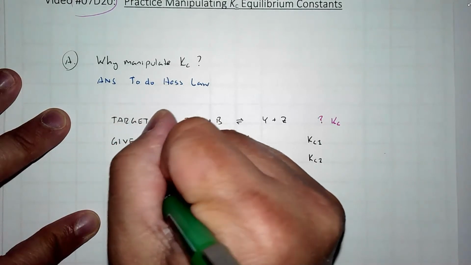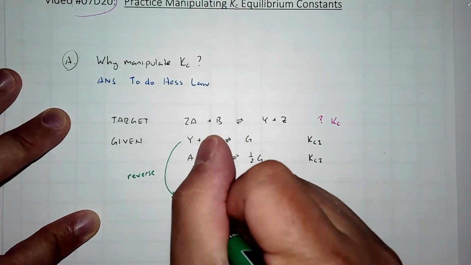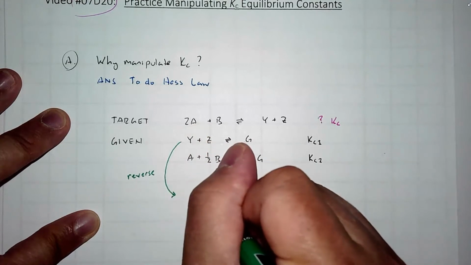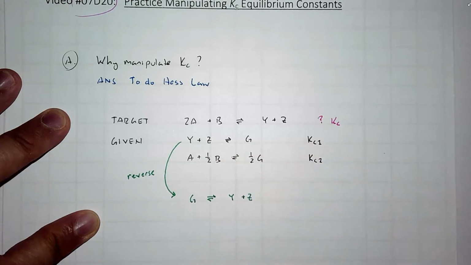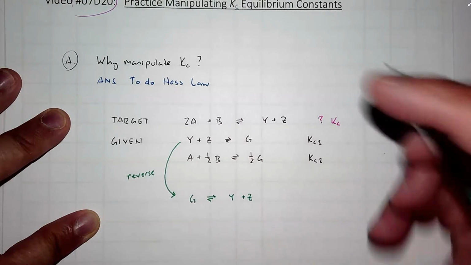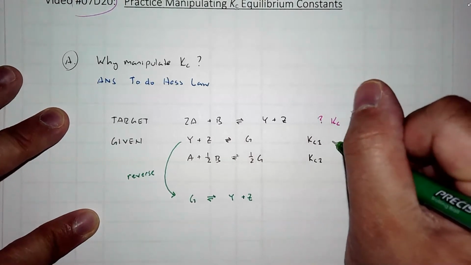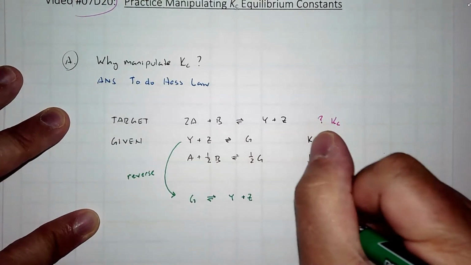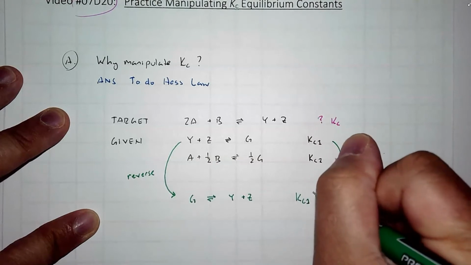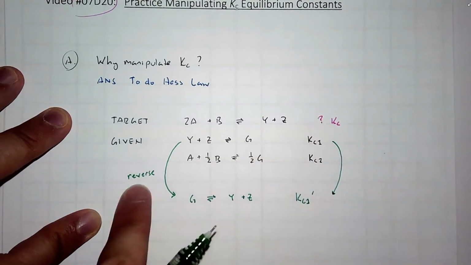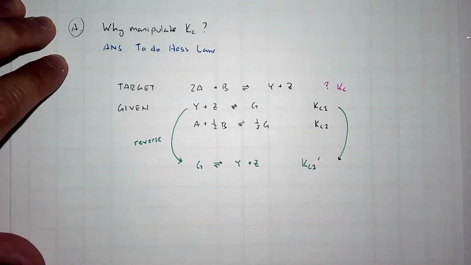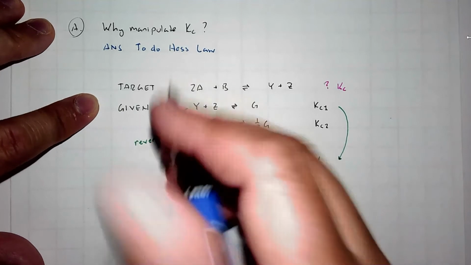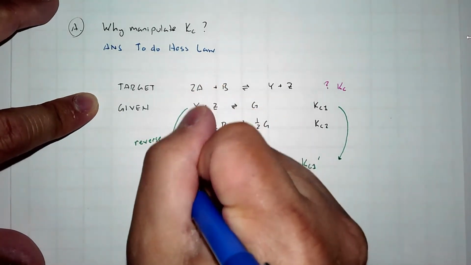So we reverse to get G goes to Y plus Z. And then we're going to learn how to get the new Kc, Kc1 prime. When you reverse the reaction, what do you do with the Kc? It's different than the enthalpy manipulations.